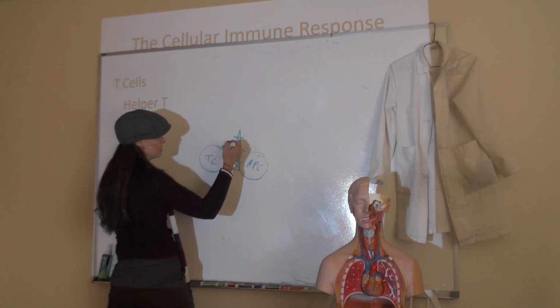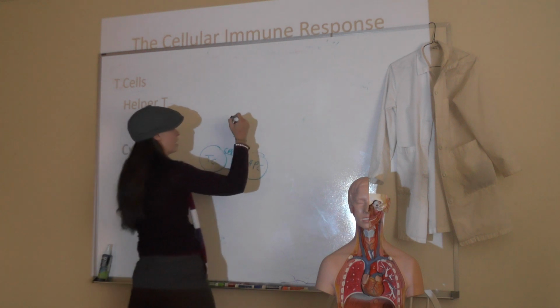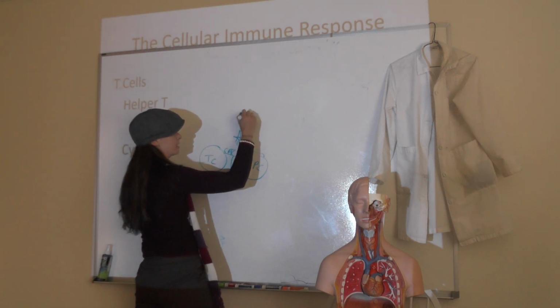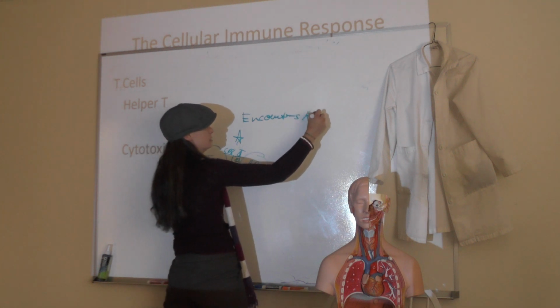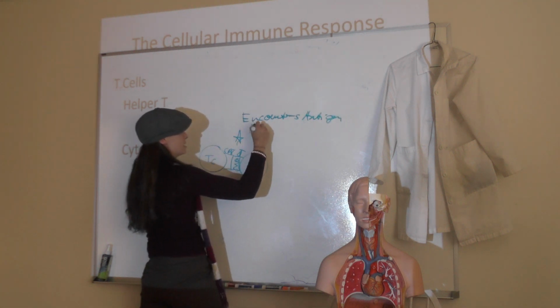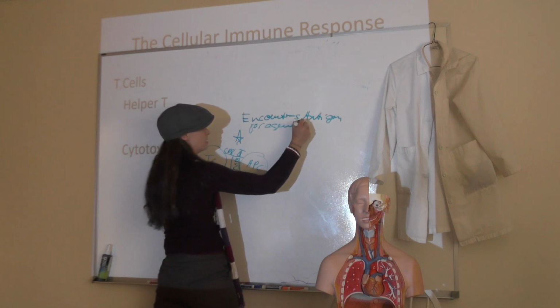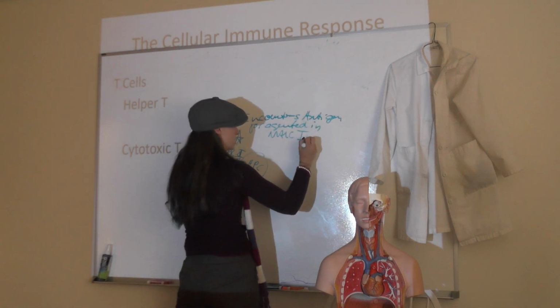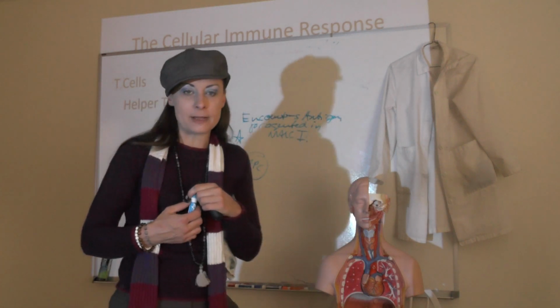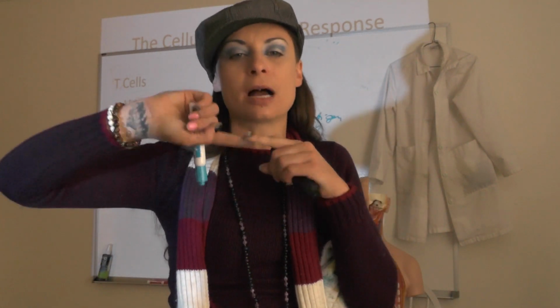So this is the first step in antigen encounter. A cytotoxic T cell encounters its antigen, presented in an MHC1. Now, if this is all that happens, then these cells will just stay stuck that way.